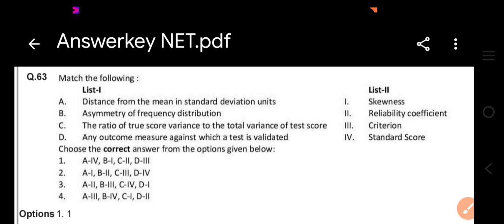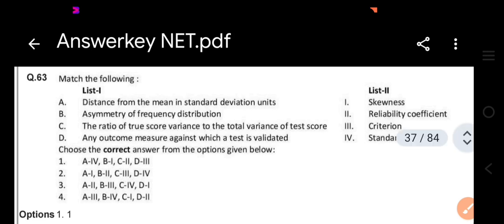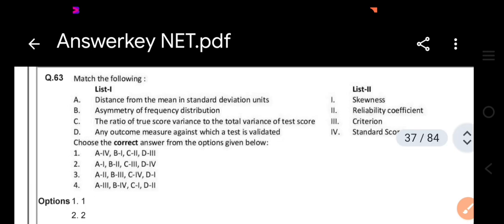Asymmetry of a frequency distribution is skewness. C2, the ratio of true score variance to the total variance of the test score, is the reliability coefficient. And D3, we can match criterion: any outcome or measure against which a test is validated is called a criterion. Now it is very clear, so we can move to the next question.